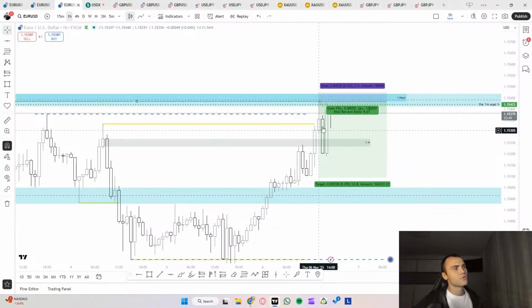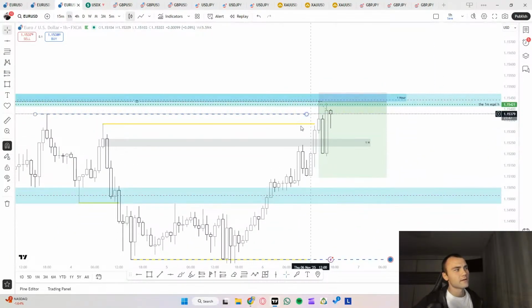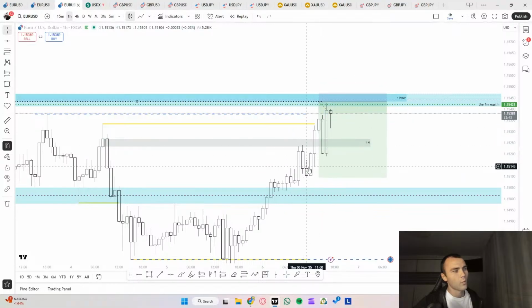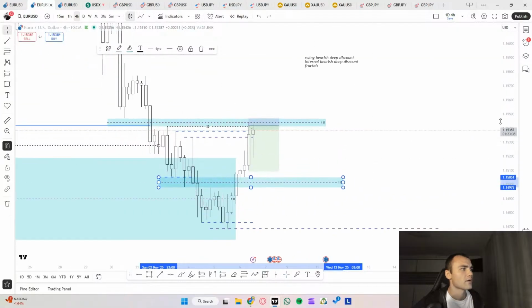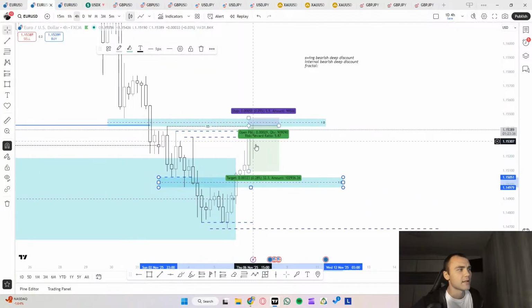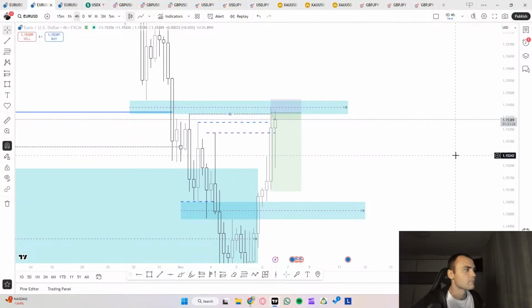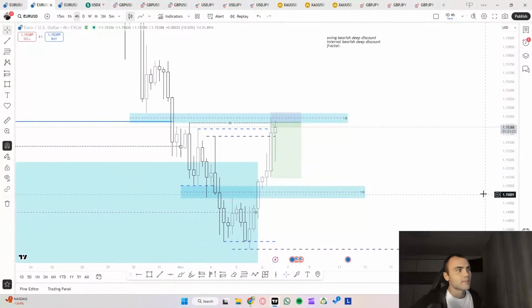1 hour internal structure was bullish, 4 hour still bullish. It's no surprise that if it goes and gets the stop loss, there are reasons for this. But it now depends.